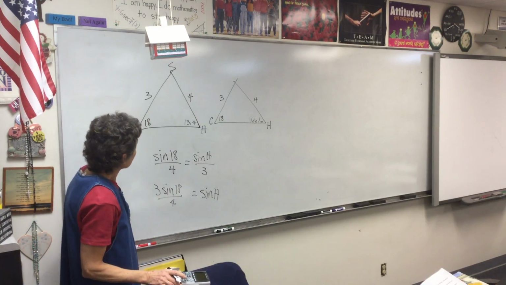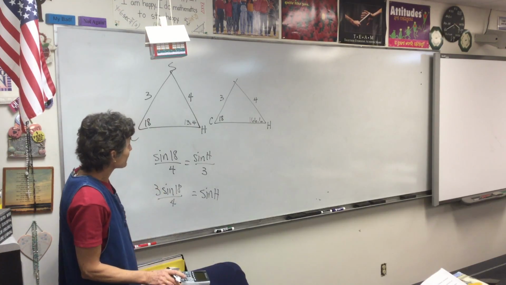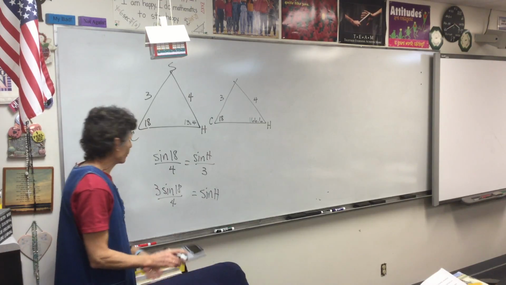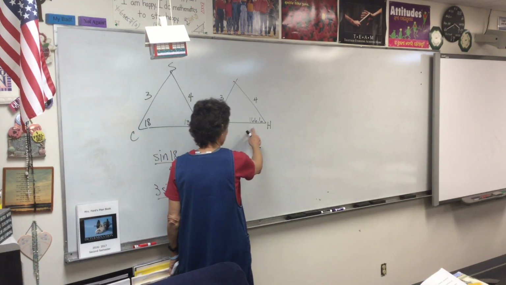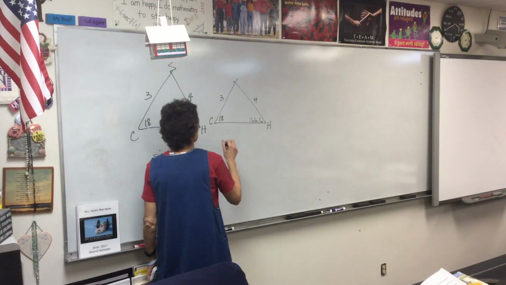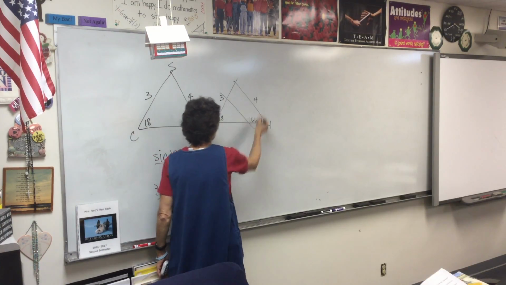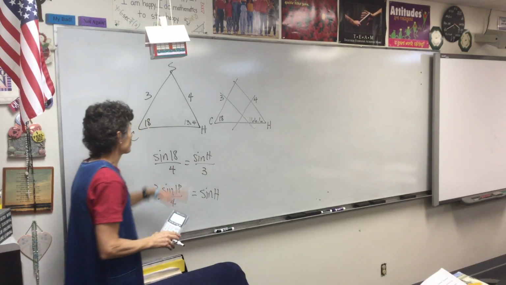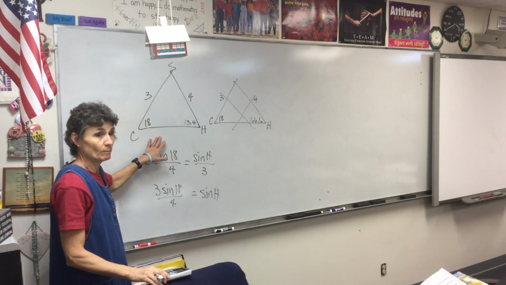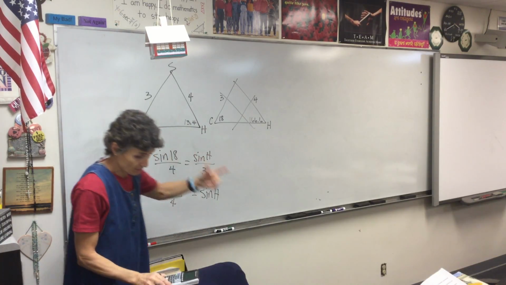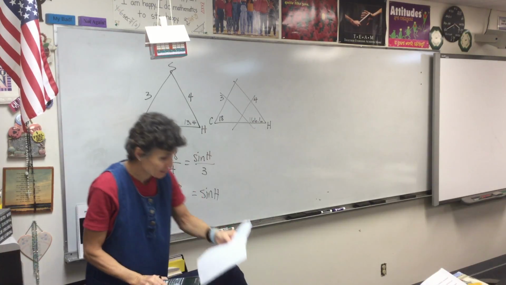All right, so then you stand back and say, would that be okay? No, it wouldn't, because that's more than 180. So remember, it's if there is a second answer. There isn't a second answer. It doesn't work. So how many triangles are possible? 1. That's all there is to it. And we move on to the next problem.